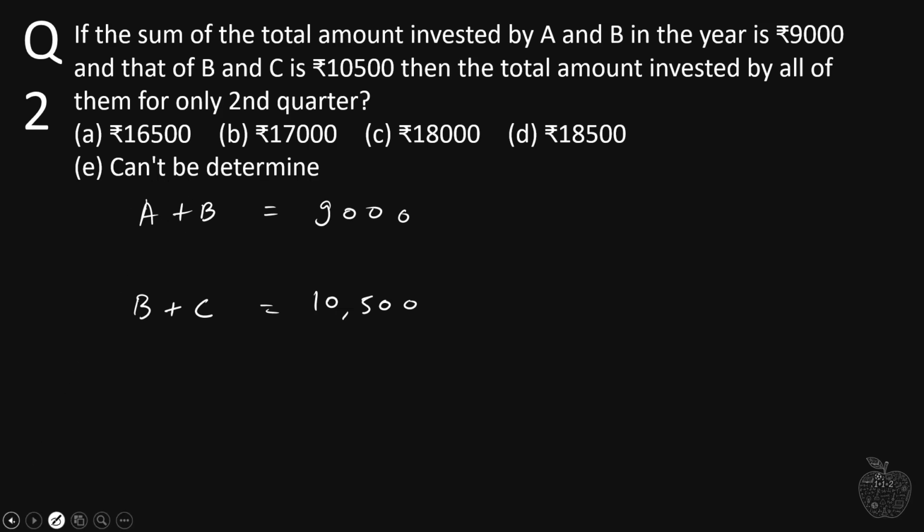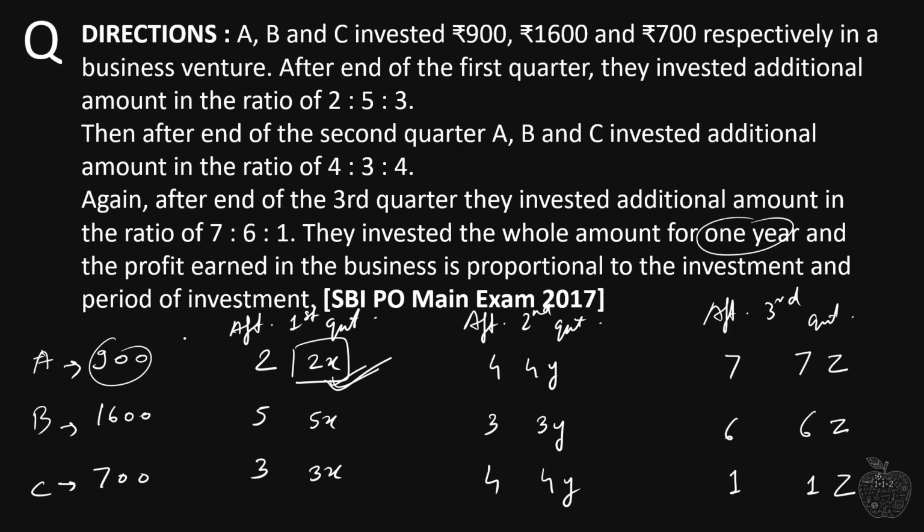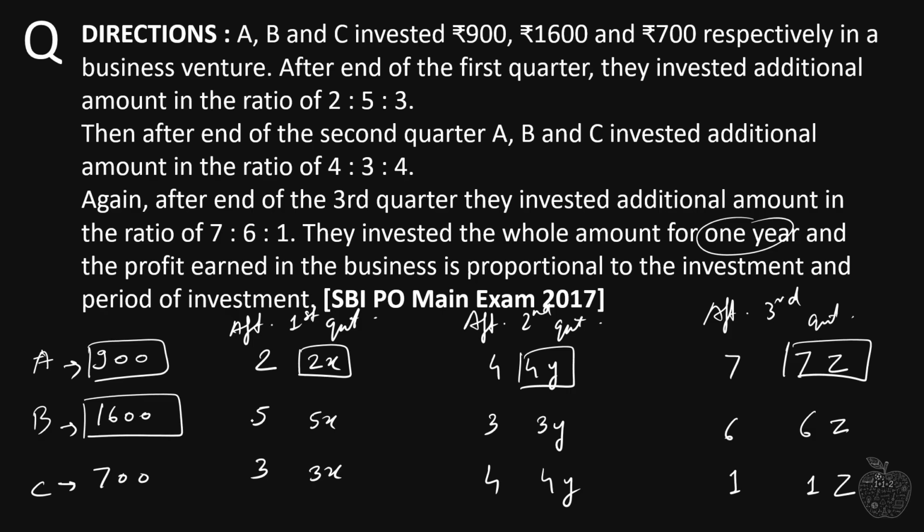All right, so let's go back. So the total investment of A here is this, right? A first invested 900, then he invested 2x, then 4x, and then 7x, and B invested 1600, then 5x, then 3y, then 6z.